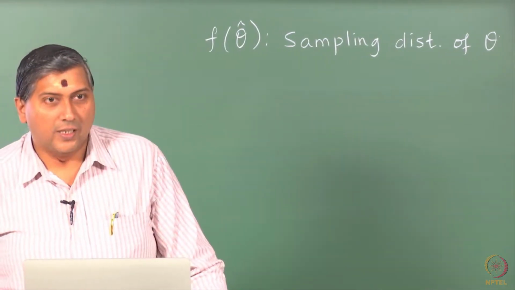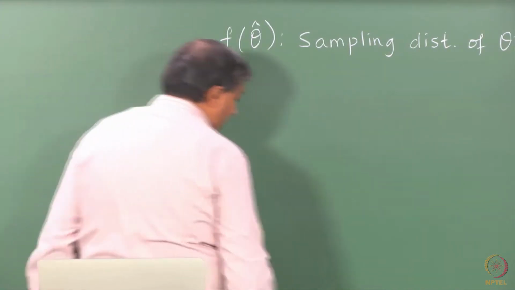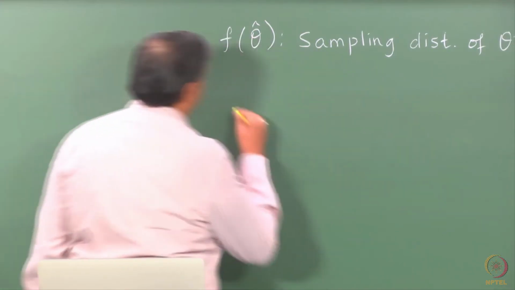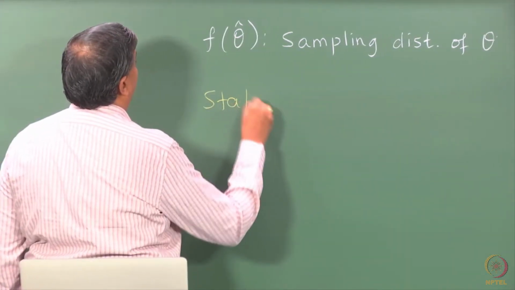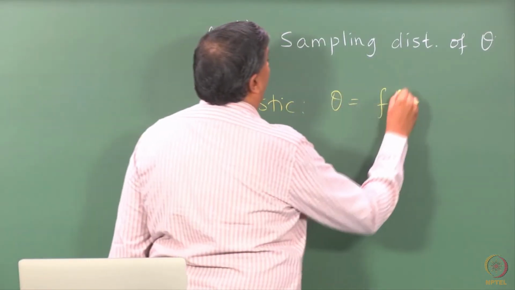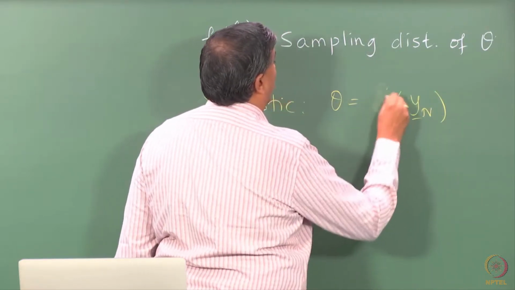Now, often in statistics you will come across a term known as statistic, which is the name of the subject itself, and this statistic is actually defined as some function of the observations.